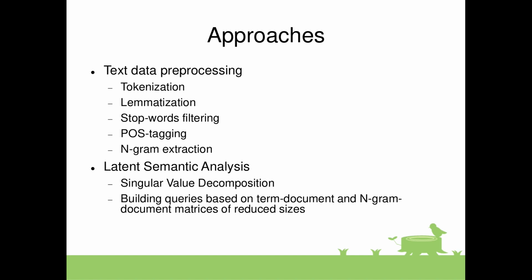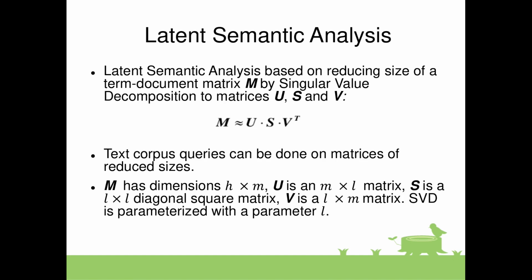The core of latent semantic analysis is singular value decomposition, which is based on decomposition of a large matrix M to matrices U, S, and V. Matrix M has dimensions H by M, U is M by L, S is a diagonal square matrix, L by L, V is L by M, and parameter L can be changed.